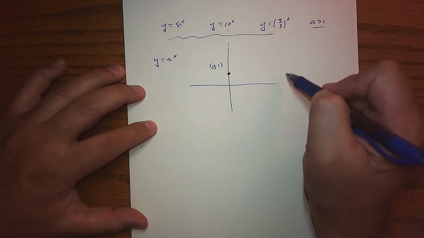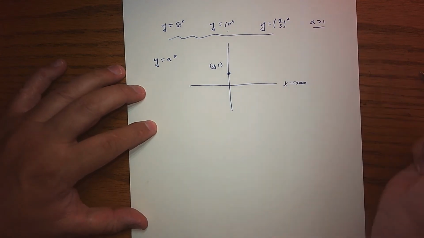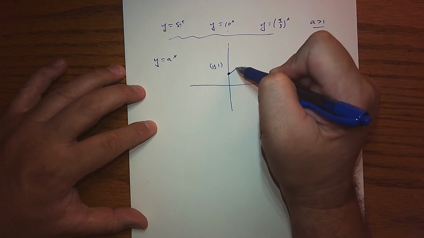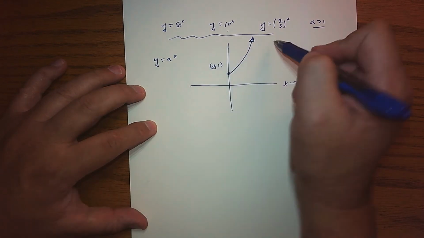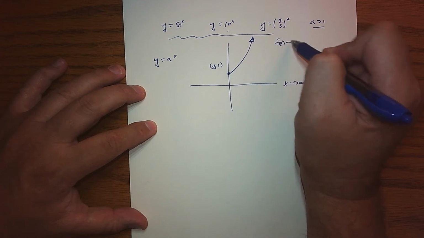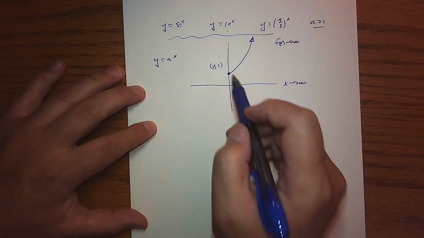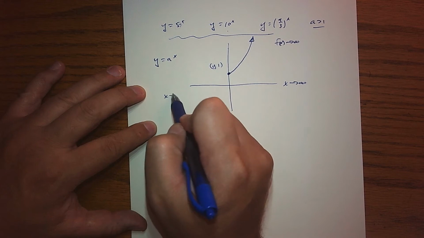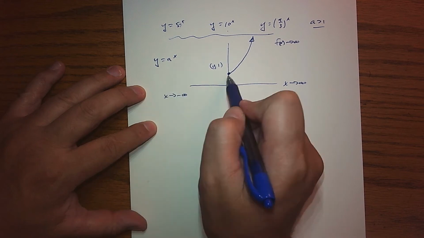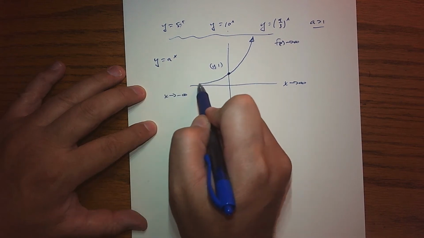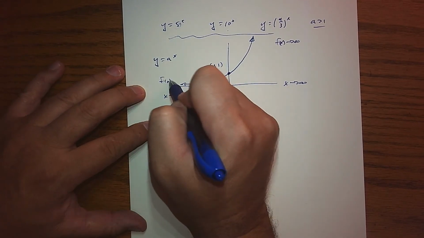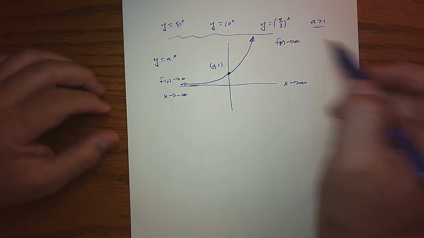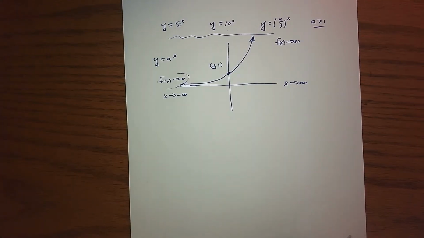And then as x goes to positive infinity, the graph's eventually going to explode towards positive infinity. So our f of x's are going to positive infinity. But meanwhile, as our x's go to negative infinity, we notice that the graph eventually starts hugging, our function values get closer and closer to 0. So it behaves like a horizontal asymptote, right?